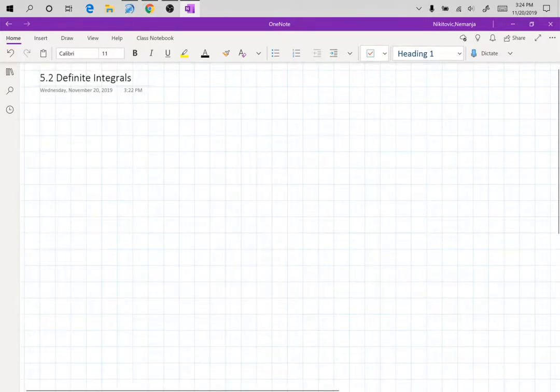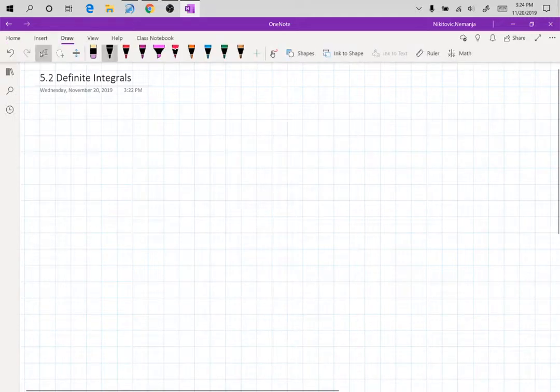Last time we talked about approximating area under the curve, and we used left hand and right hand sums which had error, which is why it was called approximation, because it's not exact.